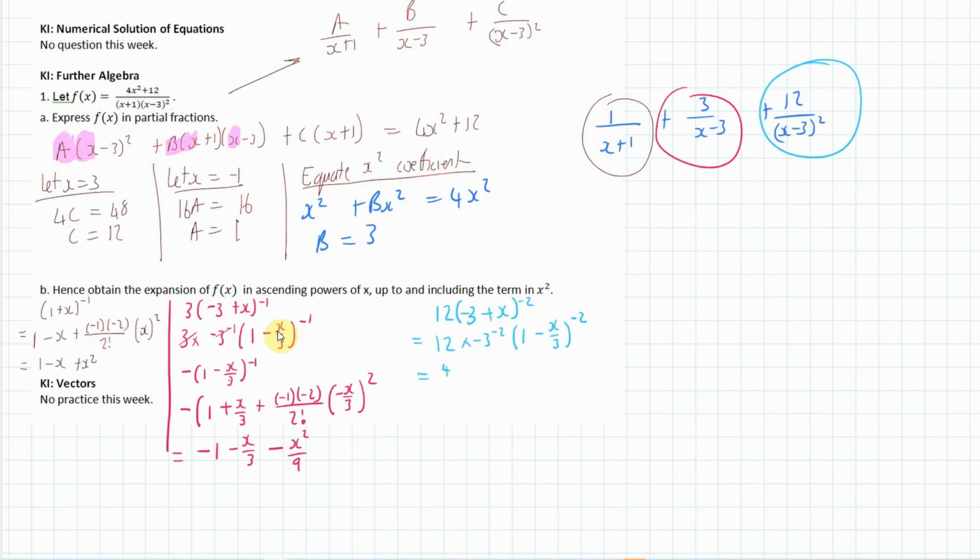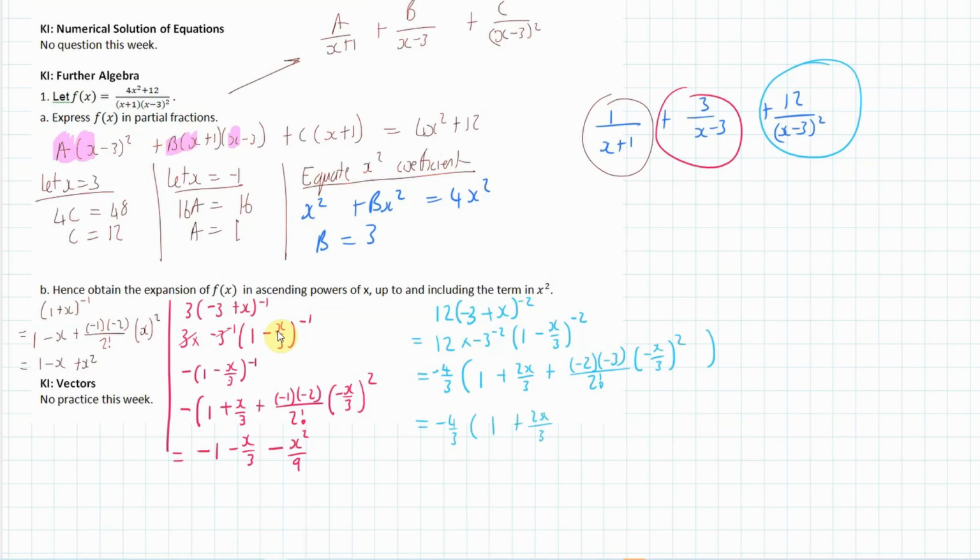So -4 over 3, bracket, and then I can go 1 plus 2x over 3. And then the next one, plus, no, hang on, plus -2 bracket negative 3 all over 2 factorial into negative x over 3 all squared, and that's as far as we need to go.